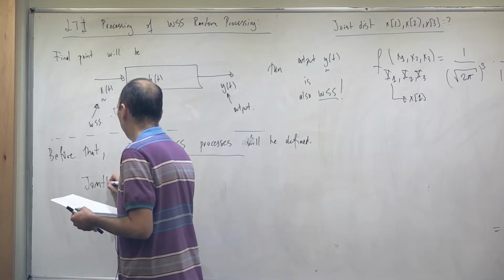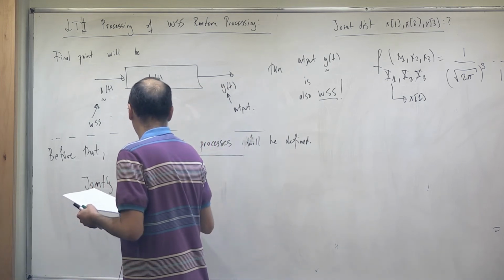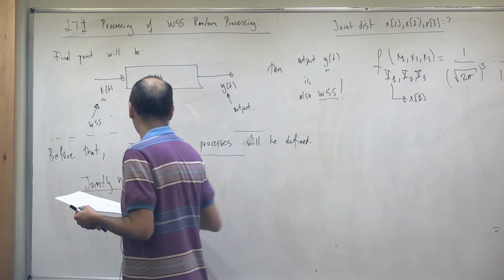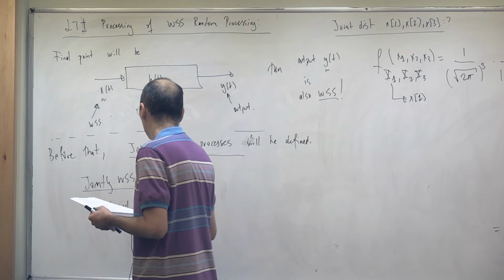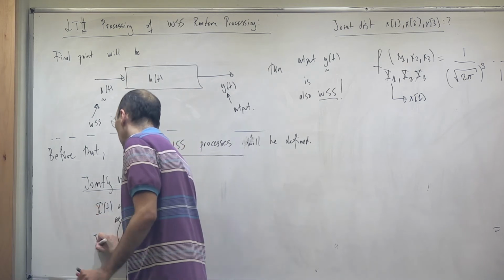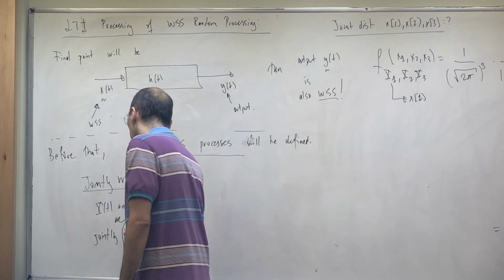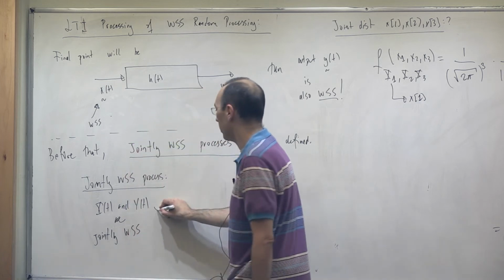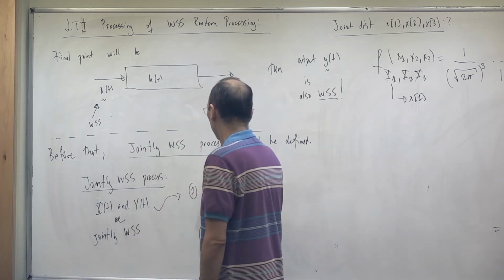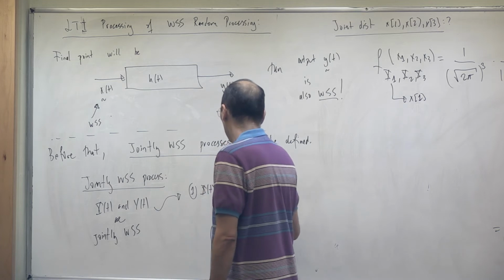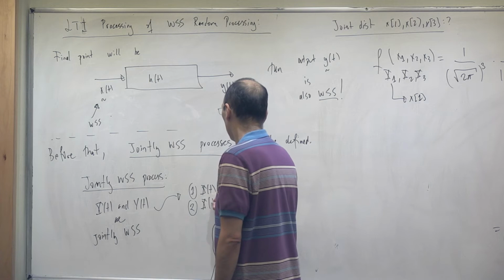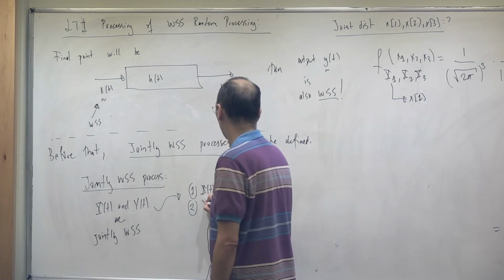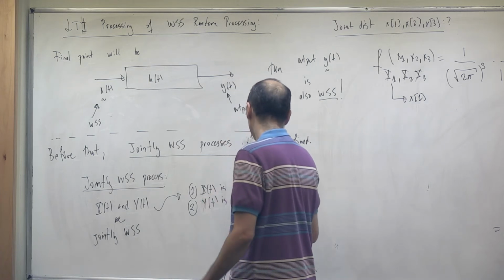Jointly wide-sense stationary processes. x of t and y of t are jointly wide-sense stationary if, now that I have two processes, number one, x of t is wide-sense stationary. Number two, y of t is wide-sense stationary.